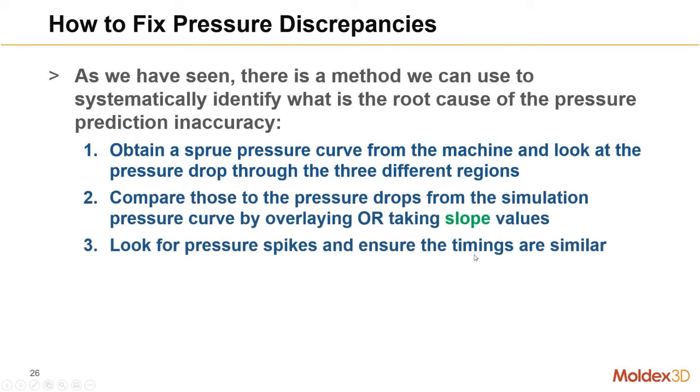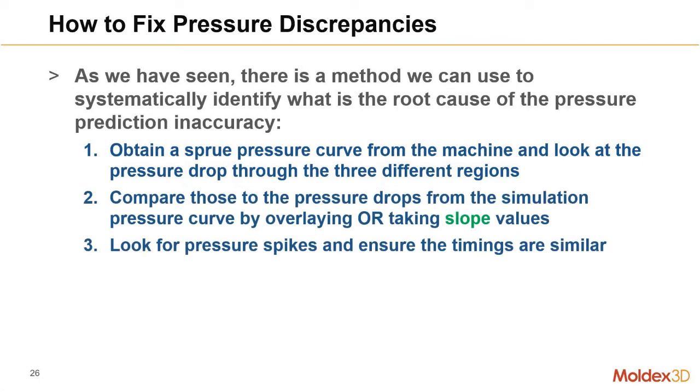I mentioned earlier that sprue pressure spikes can be kind of unstable, but the timings of those spikes will always line up as long as the part and the runner geometry are modeled correctly. For example, if I see a pressure spike at 2.5 seconds during my filling stage, obviously that's just a value that doesn't correlate to anything right now.